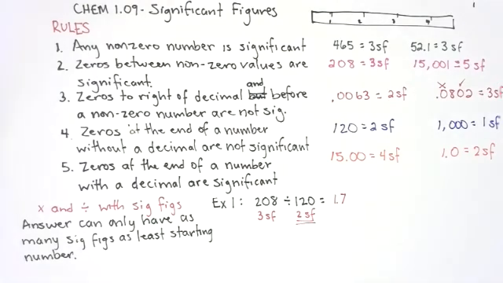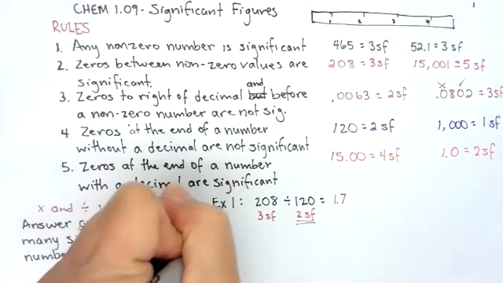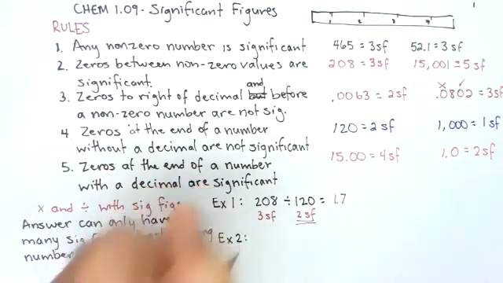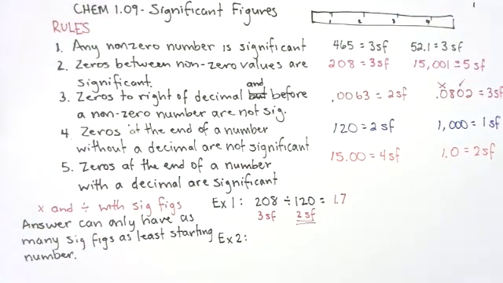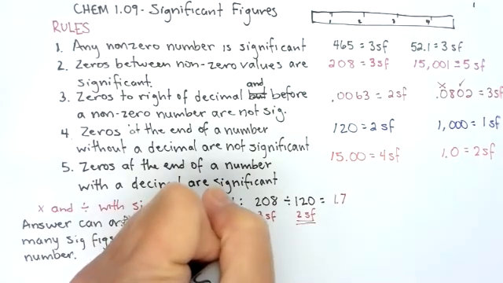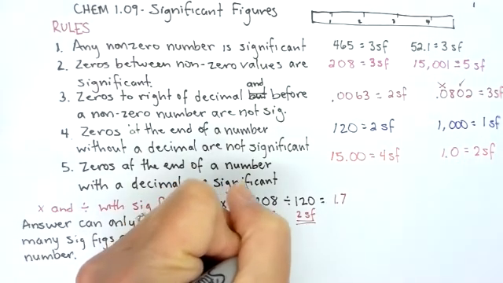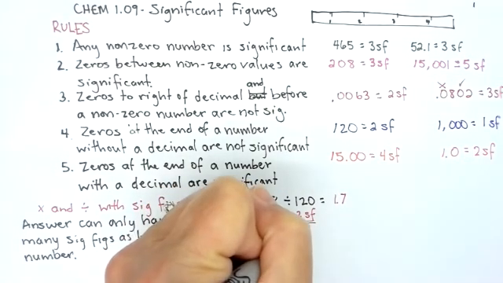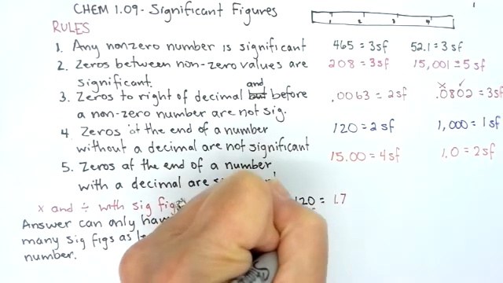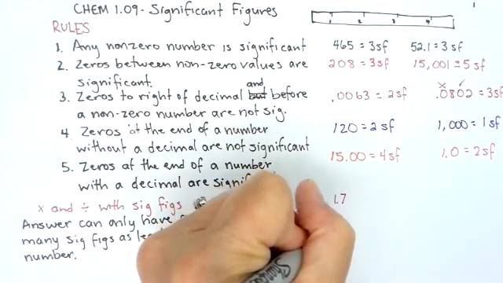All right, let's go to example 2. Let's take 52.1 times 0.0063.